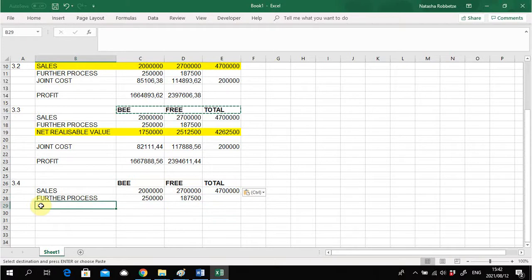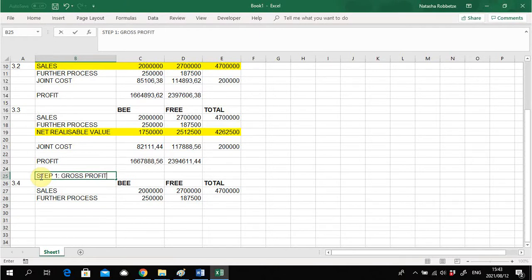Then we need to go and calculate our gross profit. So that was our first step. We need to calculate the gross profit.